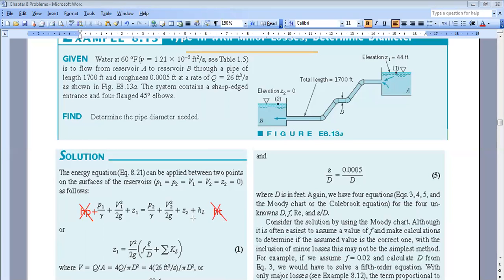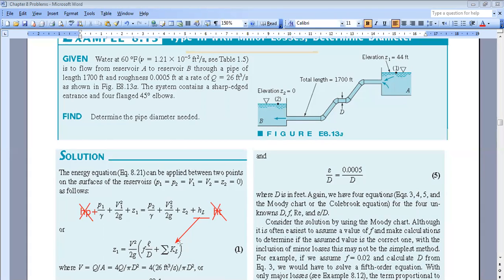We should take into consideration losses. So HL will include both minor and major losses. For minor losses, it's the summation of KL times V square over 2G. And for the major losses, it is computed as FL over D times V square over 2G.